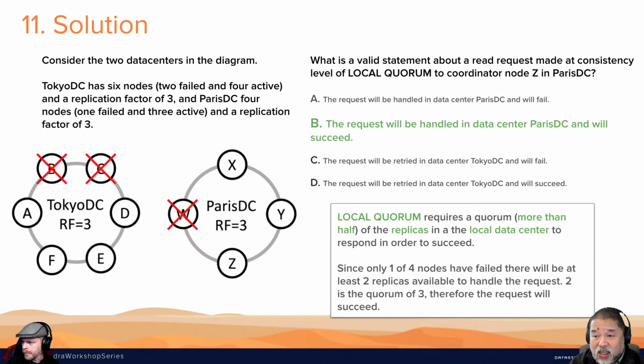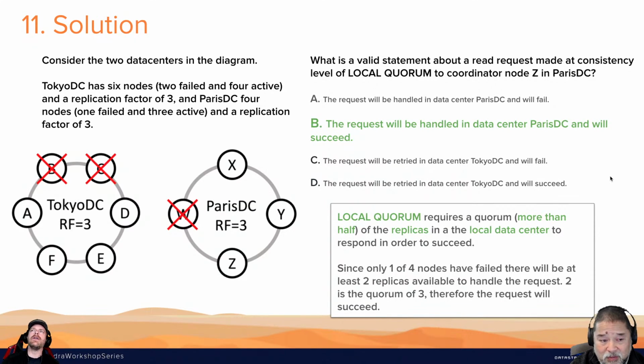So this will succeed, and it will happen completely within the Paris data center. By the way, if it were to fail in the Paris data center, if you had more nodes down, it would simply fail. It would not cross over and try to meet the local quorum requirement in the Tokyo data center. Local keeps it to 1 data center.